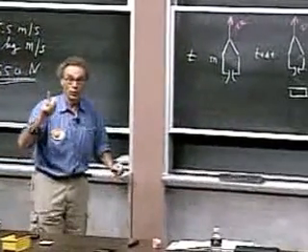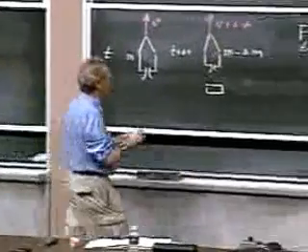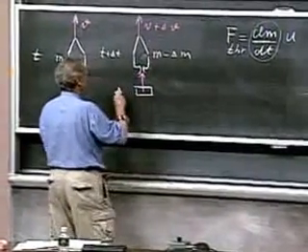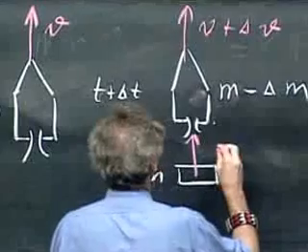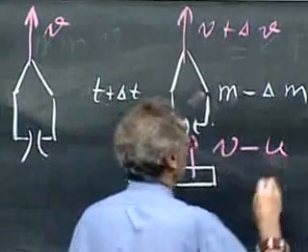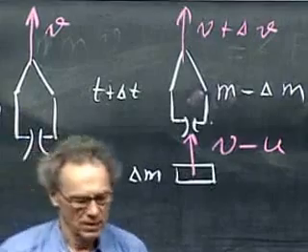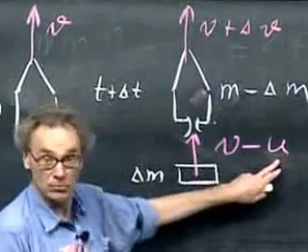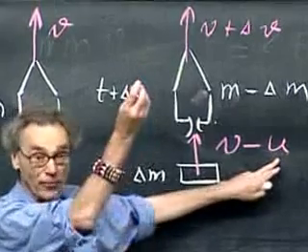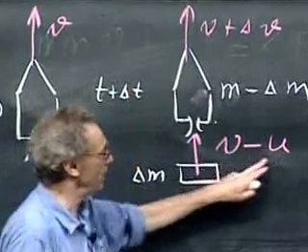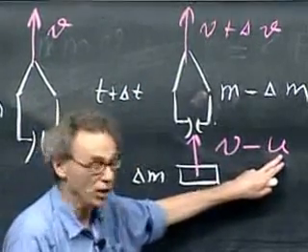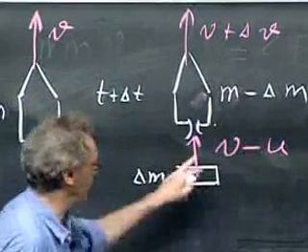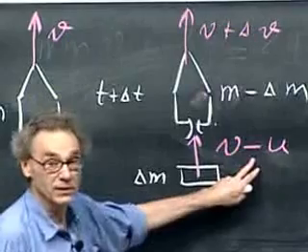So you in 26.100 will see the velocity of this little piece delta m. You will see this to be v minus u. If the velocity of the rocket is larger than u, could be, you will see the exhaust going up from your frame of reference. If the velocity of the exhaust is larger than the velocity of the rocket, from your frame of reference you will see it go down. That's taken care of in the signs.